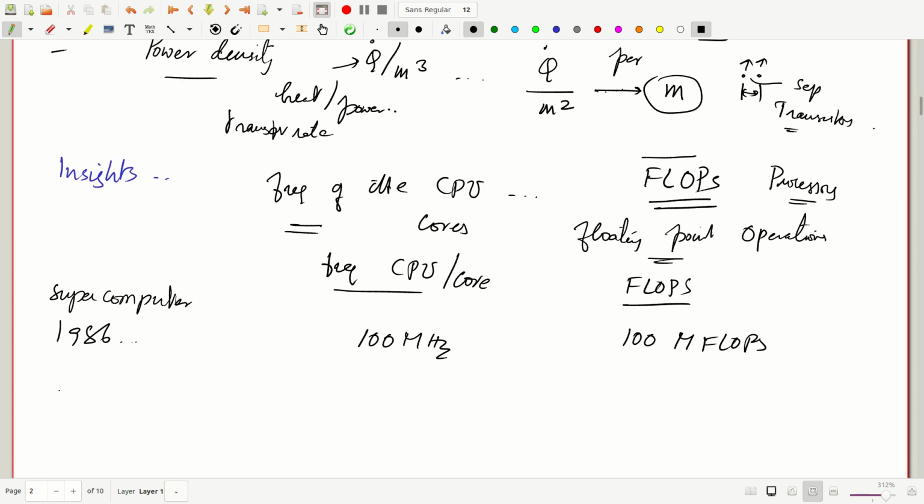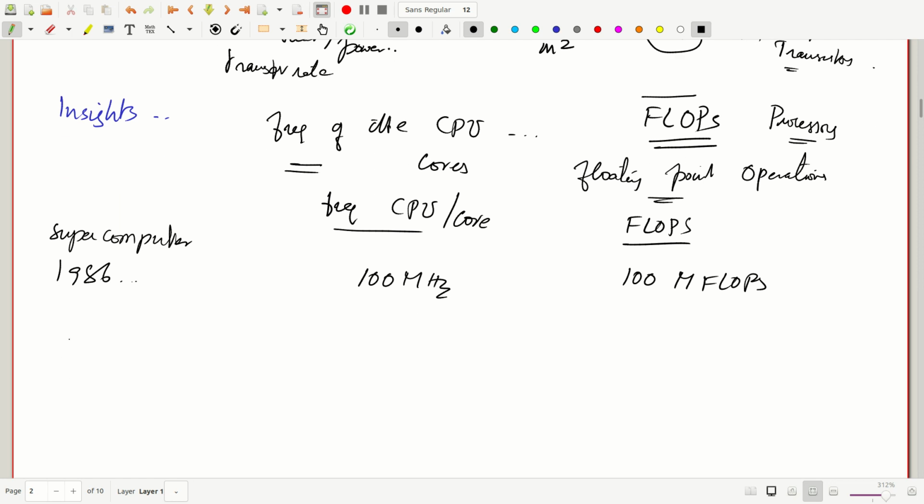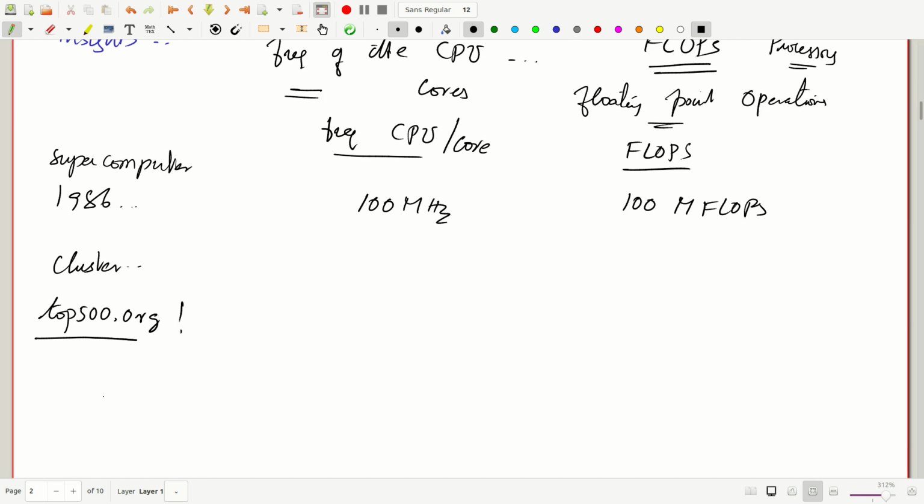What is the fastest supercomputer that we have now? Well, there are many supercomputers, which are also known as clusters. A list of the top supercomputers is maintained at top500.org. I encourage you to look up this website and see which is the topmost supercomputer, which country, and other things as well. You will also figure out where India stands, around 80 or something like that.